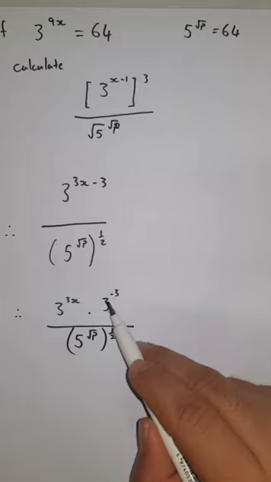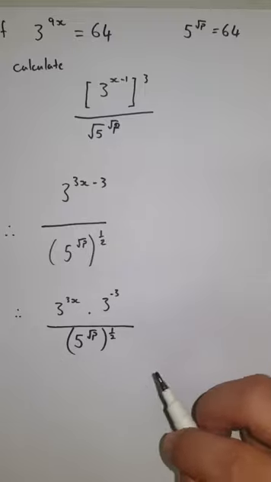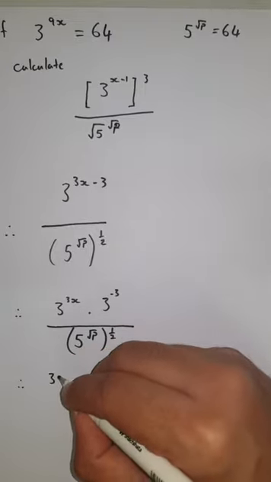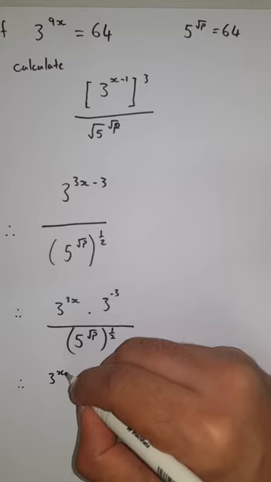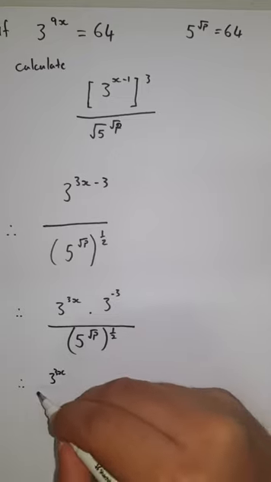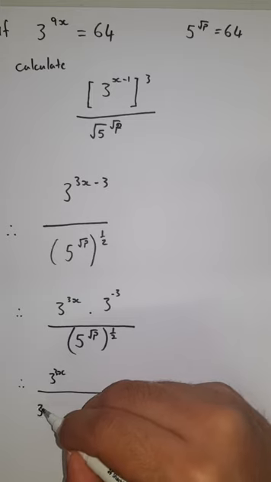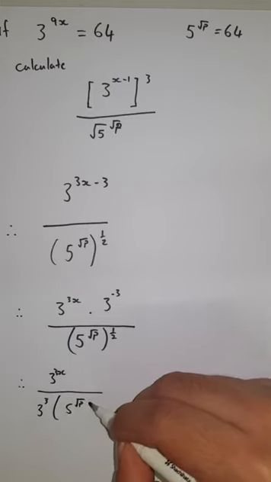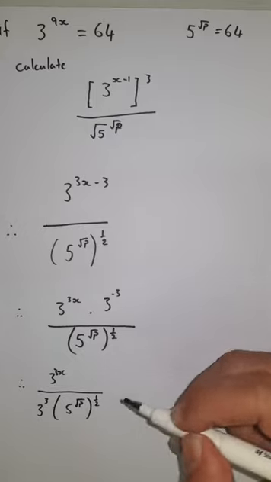And remember, with negative exponents I can bring it to the bottom, so I'm going to bring it there. 3 to the 3x over 3 cubed, 5 to the root p to the half.